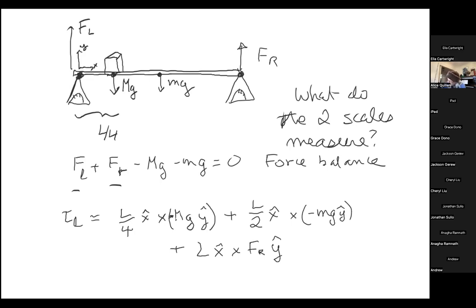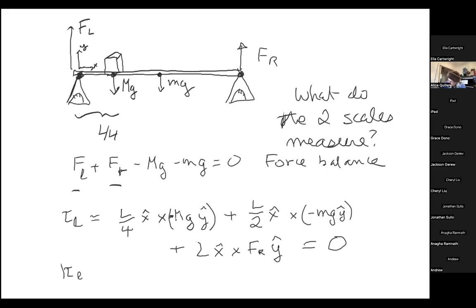And then we set this to be 0 because the beam's not rotating. And so let's rewrite this. x hat cross y hat is plus z hat. So all of these have x cross y's in them, but they have different signs.